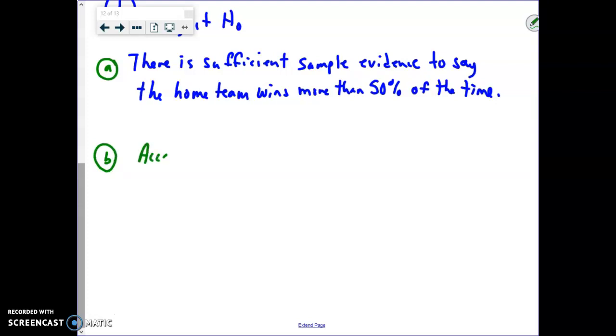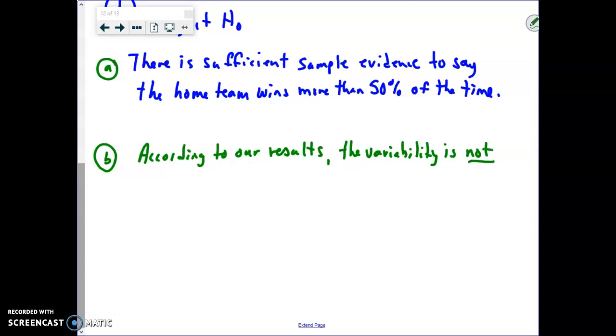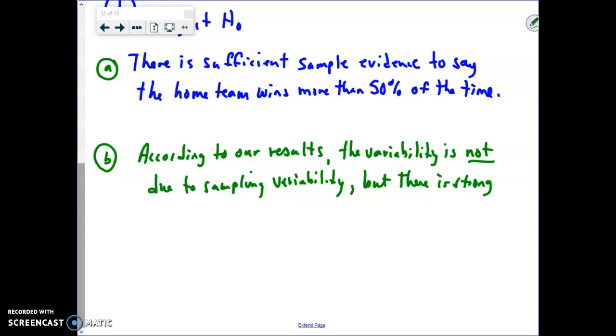According to our results, the variability is not due to sampling variability, but there is strong evidence.